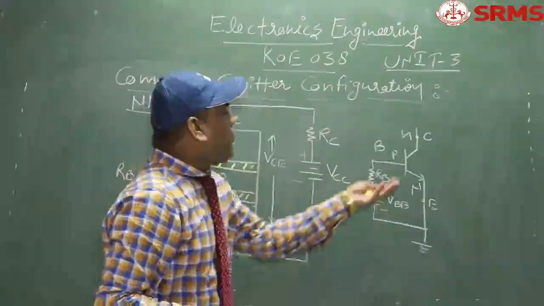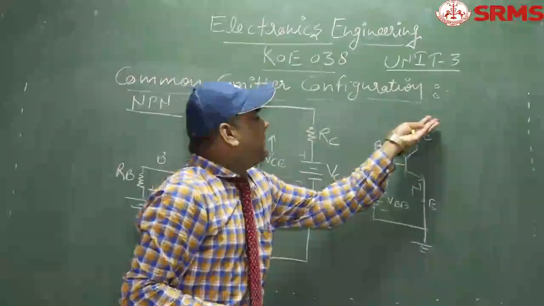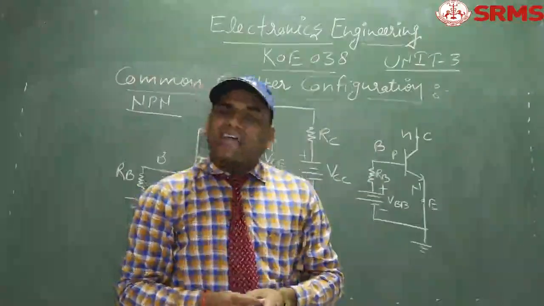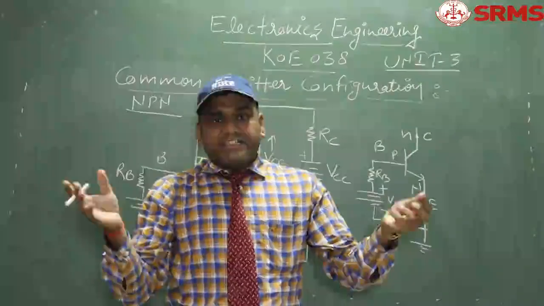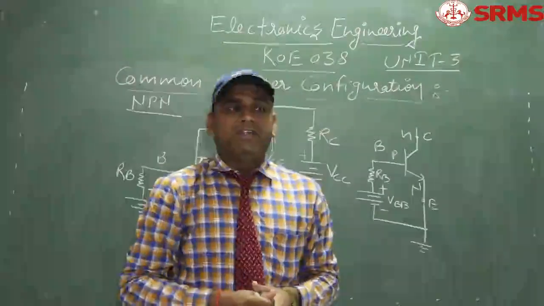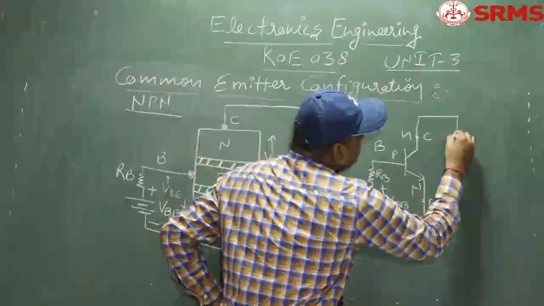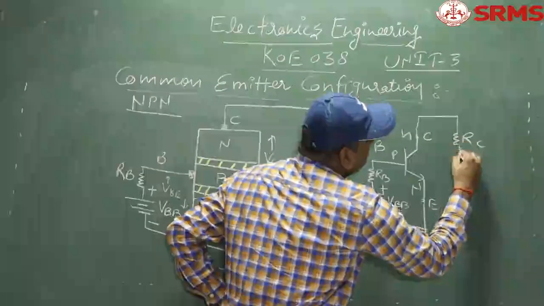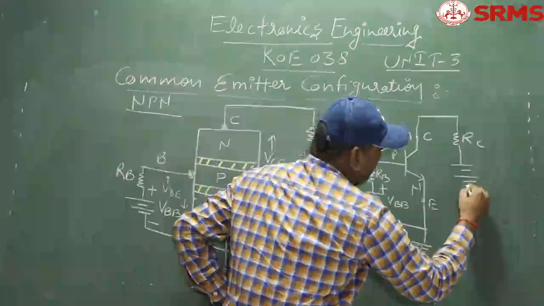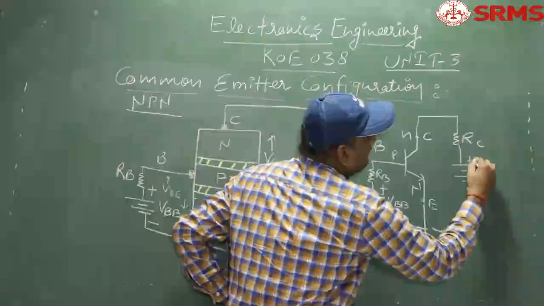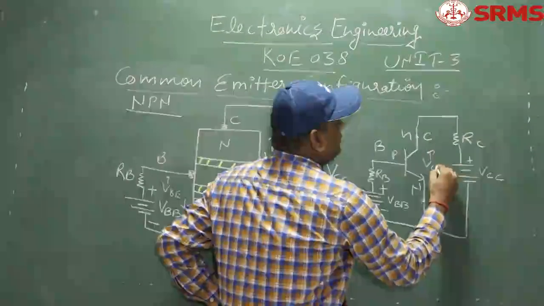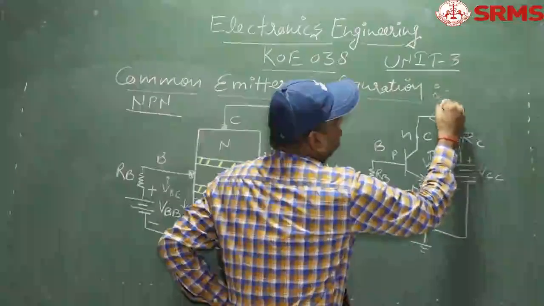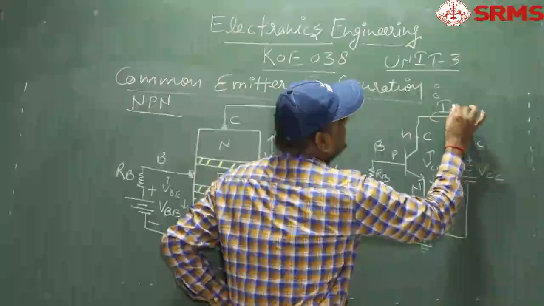The collector base junction must be reverse bias. That means you have to apply a positive voltage at the collector terminal with respect to the emitter terminal. This is VCC, the output voltage is VCE, and the current at the collector terminal is IC.